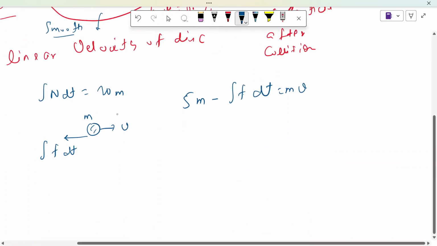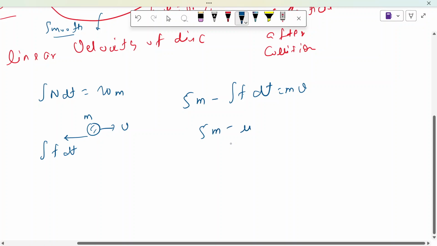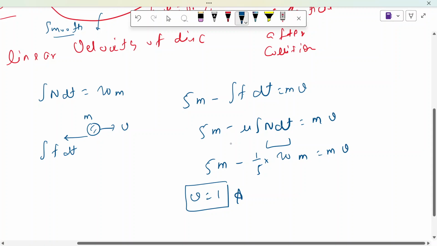The integral of f dt is mu into the integral of n dt, and that is m into v. The integral of n dt is 20 m, which we calculated earlier. So 5m minus mu, where mu is 1 by 5, multiplied by 20m, equals m into v. That implies the linear velocity imparted to the particle after colliding is v equals 5 minus 4, that is 1 meter per second.